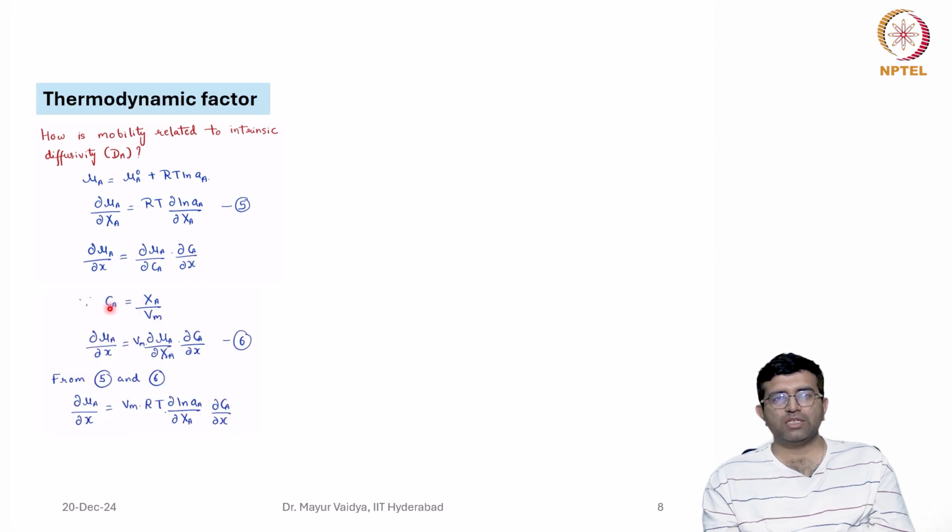Now, we know that Ca is nothing but Xa by Vm. So, I can replace this Ca here, and from 5 and 6 equation, what we get is dou mu A by dou x is equal to Vm into RT into dou ln aA by dou Xa into dou Ca by dou x. Okay. So, this is how we can write.